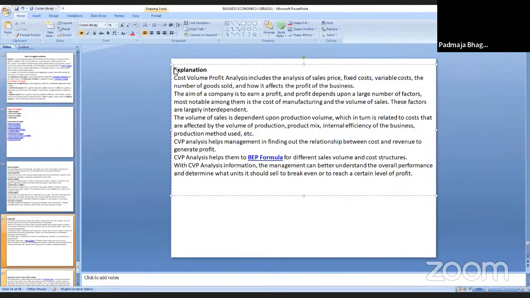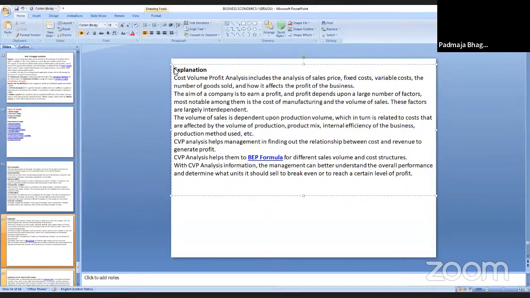Because when they know the cost and the revenue, then they can easily generate the profits. And CVP analysis helps with the BEP formula for different sales, when they have different sale volumes and cost structures.